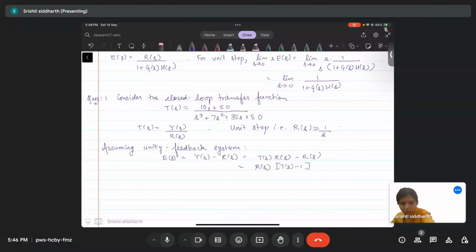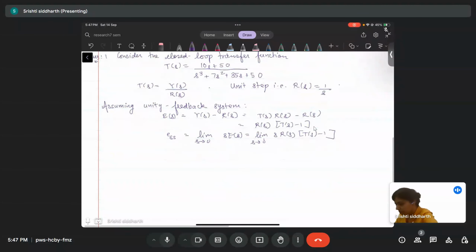So this is the expression for the error. To talk about the steady state error, let us denote this by ESS, that is given by limit s tending to 0 of s E(s), which is s times R(s) times (T(s) minus 1).